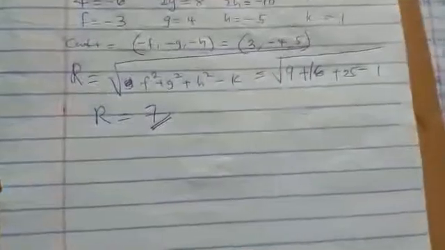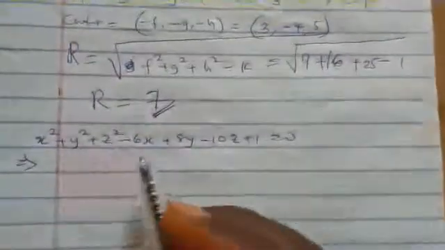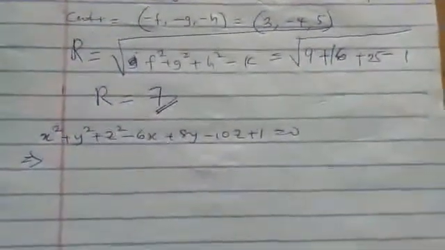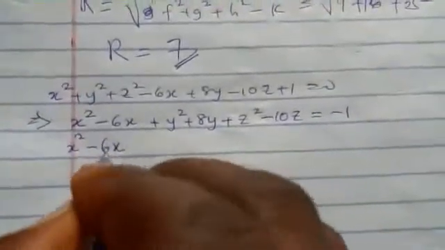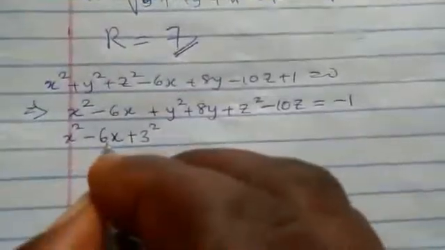Now, another way by which you can solve the question, we follow the use of the completing the square method. That is, you start from this. So the next thing is you rearrange. Take all the x to x, bring y to y, and take the constant to the other side as follows. Now we have rearranged it like that. The next thing is we complete the square of this. Completing the square of this, I'll add the square of half of the coefficient of x.